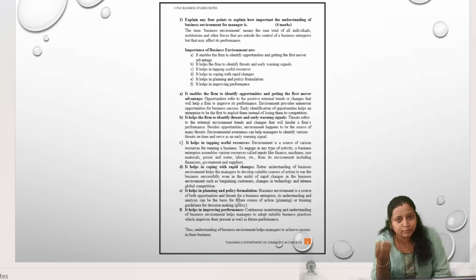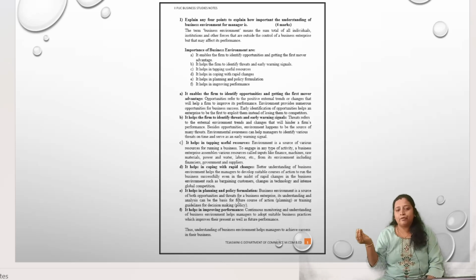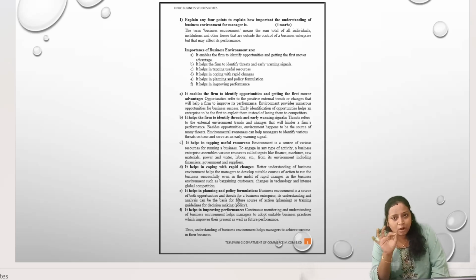You write the meaning of the business environment, as I already told you, for a 4-mark question. Just give an introductory part, put the points, then explain any of the 4 points. I've given the meaning and importance, I've given the points, and the explanation for all the 6 points. But for this question, you can see I've given the conclusion also. Why conclusion? Because this question is not a direct question.